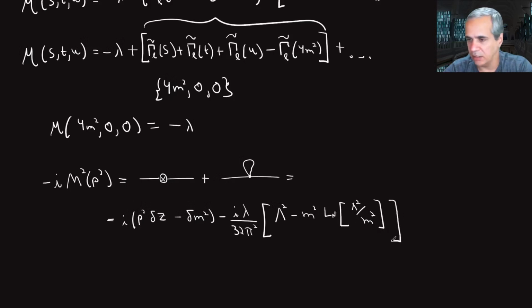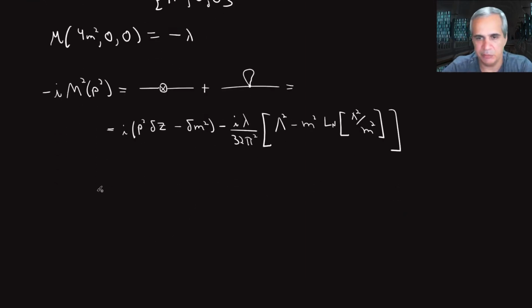And these two counterterms could be obtained by the demand of the position of the pole and the residue of the pole, which translated into these two conditions, which we have seen before. So delta z is equal to the derivative in p squared of the loop contributions to m squared, of p squared, calculated at the point where p squared is equal to m squared.